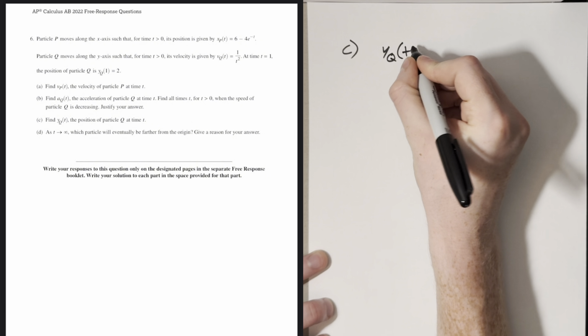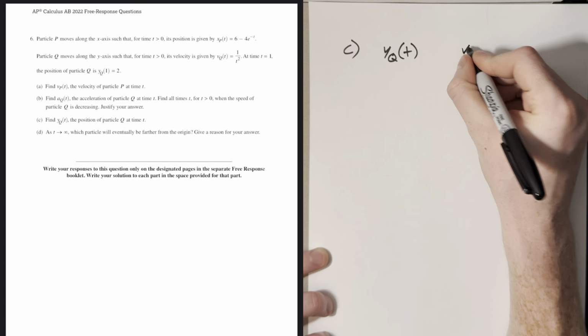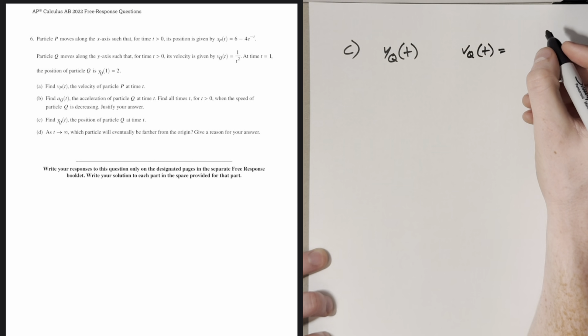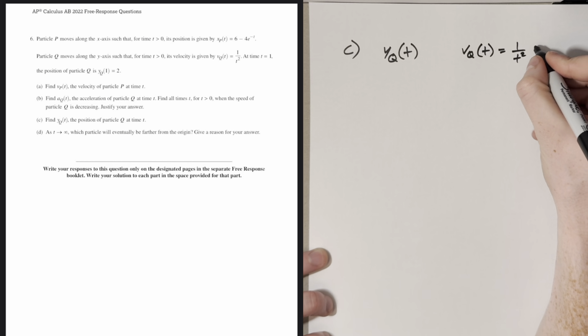So part C says, find y of q of t, the position of particle q at time t. Now, what do we know about this particle q? Well, I know that my velocity of q is equal to 1 over t squared, or t to the negative second power.